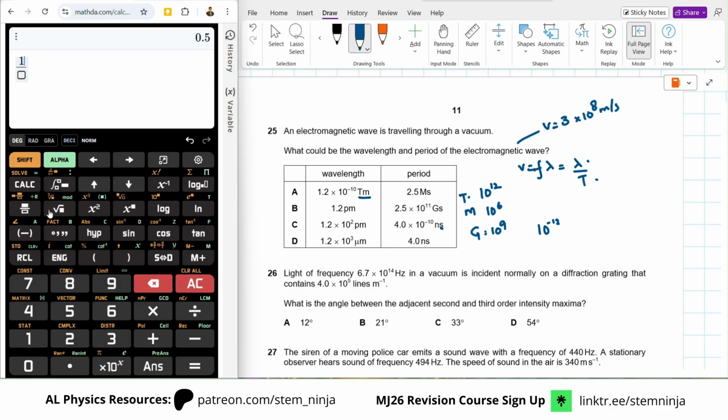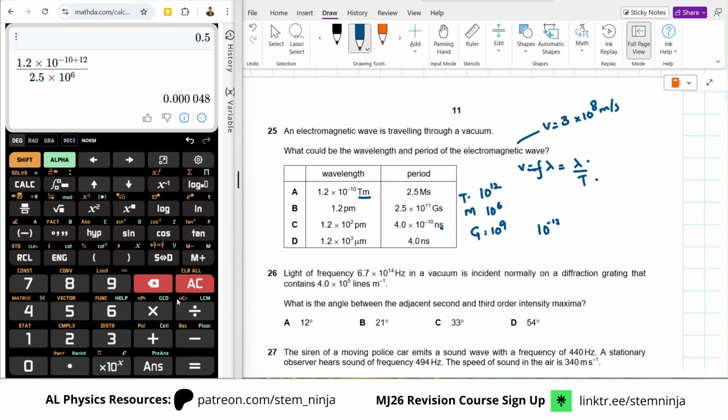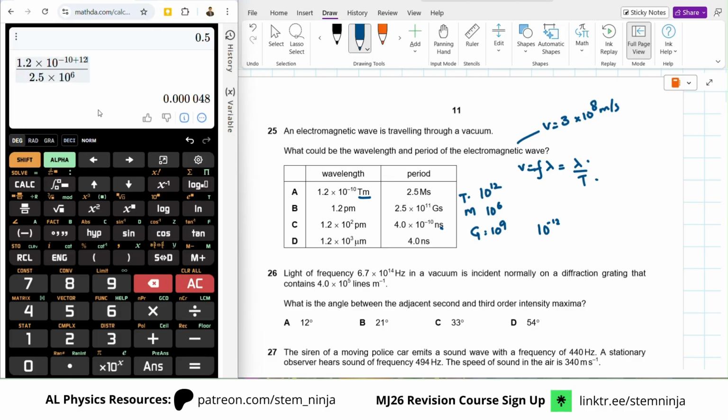Okay, so let's see this. 1.2 times 10 raised to power minus 10, tera 12, and 2.5 mega, so 10 raised to power 6. Similarly, let's try with this one.